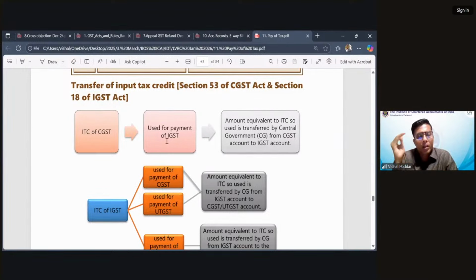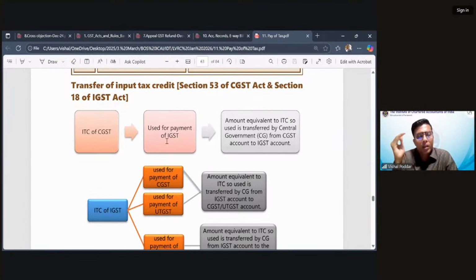Now, if these services are supplied through this app, then section 9(5) triggers, and the ECO, that is the app, is liable to pay tax in respect of these services, and the supplier is entitled to the threshold of 20 lakhs, 10 lakhs for registration as applicable.